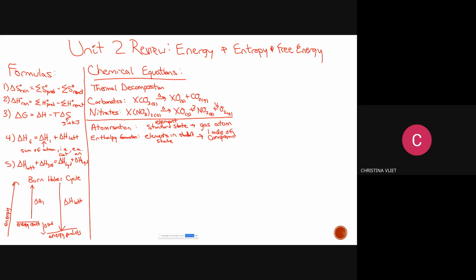That's called enthalpy of formation. Yeah, that's why I said atom, 1 mole, because it's always 1. So 1 mole gas atom. It's always 1 in the front, always. So when you're balancing, you have to have 1 in front of the product.